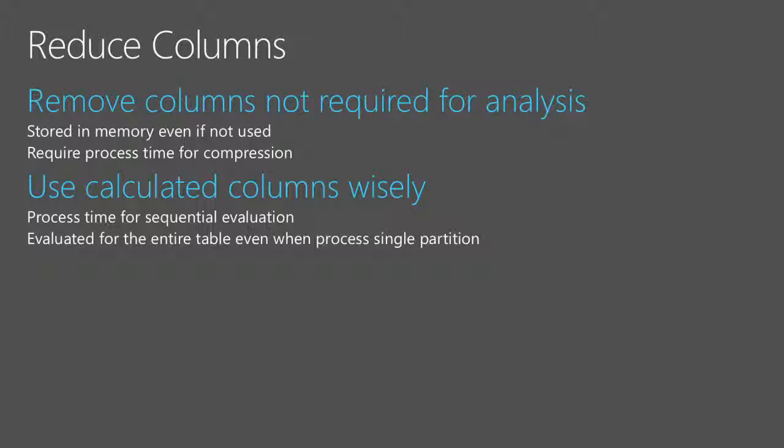But another reason is that VertiPaq considers the data that you have in your table in order to obtain the better sort order to improve the compression. Calculated columns are evaluated after the compression has been made for the physical columns of the table, which means that calculated columns do not participate in making a decision about how to choose the sort order.